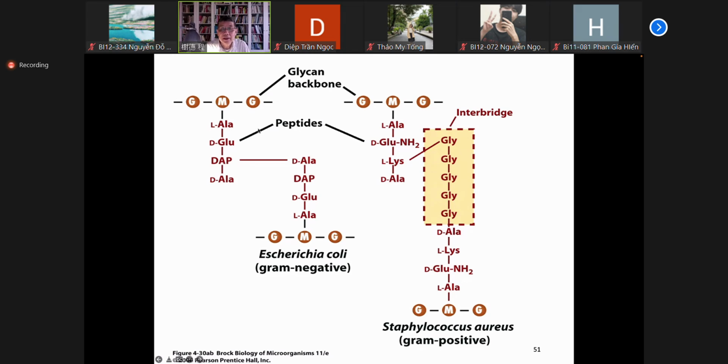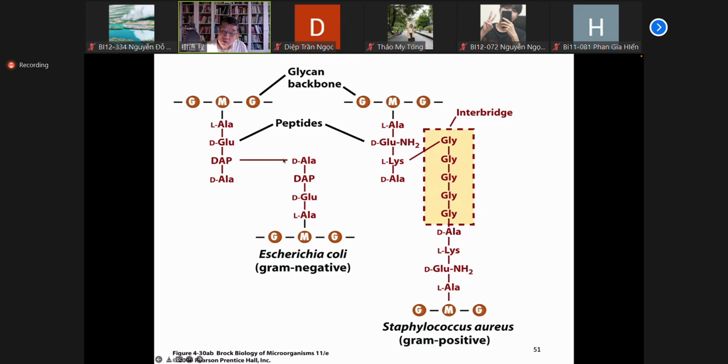You can see that the backbone is generally the same, right? However, for the gram-negative E. coli, the linkage is from here. Diaminopimelic acid links to the alanine, and this alanine originally has another alanine, that is L-Ala-D-Glu-DAP-D-Ala.